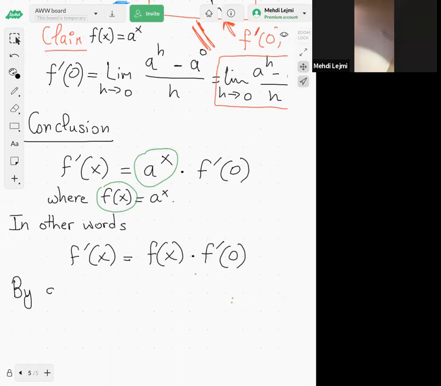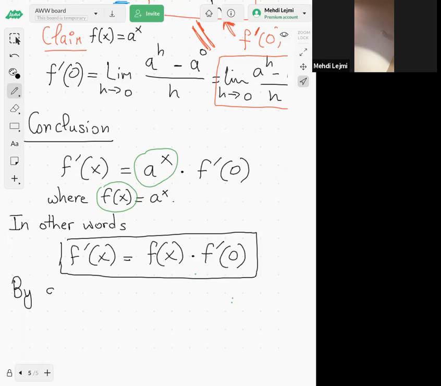So guys, I was saying the function f is the exponential in base a, and I got this relation: f prime of x is equal to f of x times f prime of 0, where f is my exponential function.